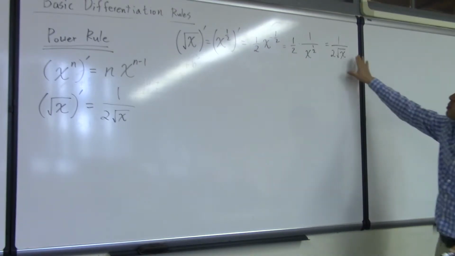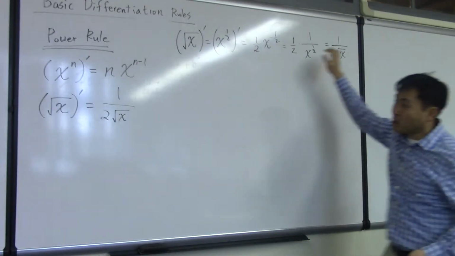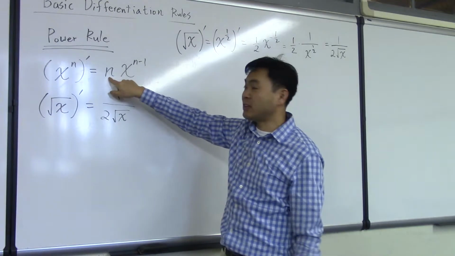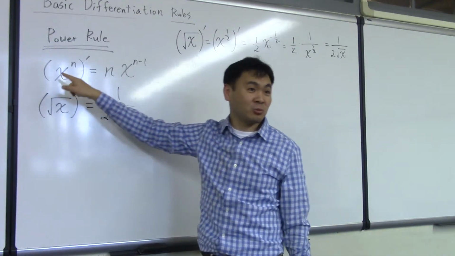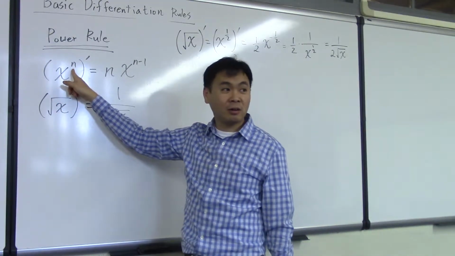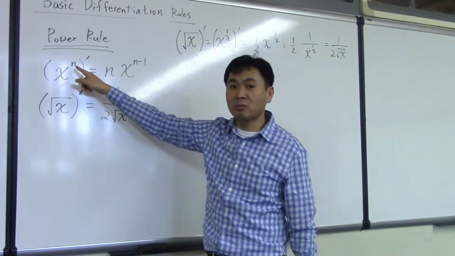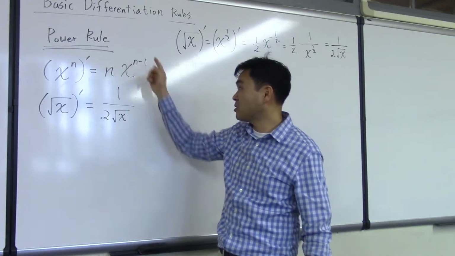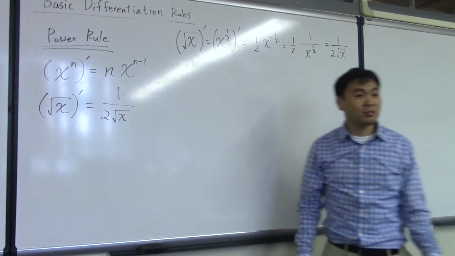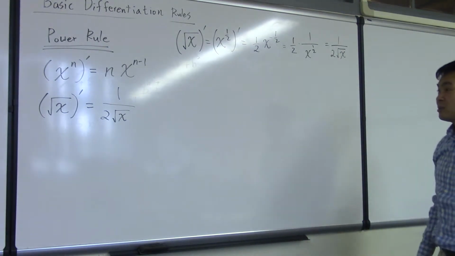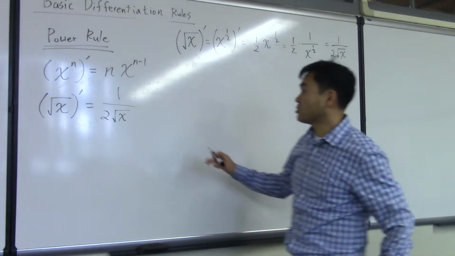So this is an example where we see that the power rule does hold for n other than integers. You could also have n as a negative number or a negative fraction, 0, 1. It's always true. This can be used in all those cases.